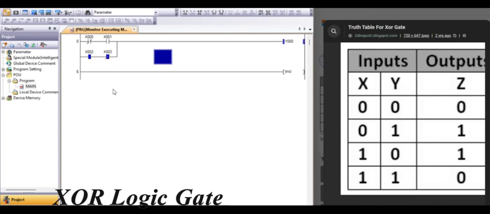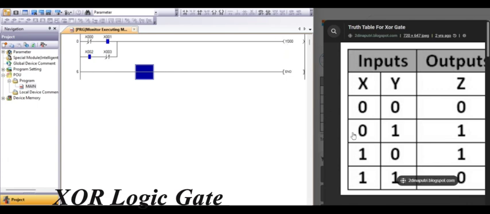And if input A is 1 and input B is also 1, then the output is not energized.